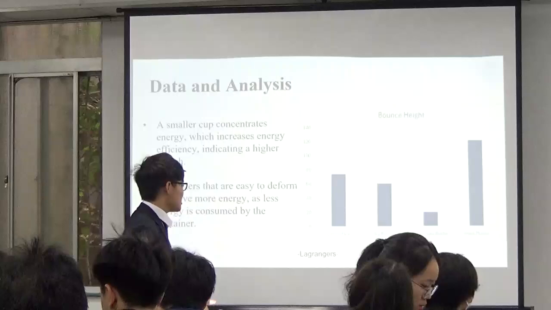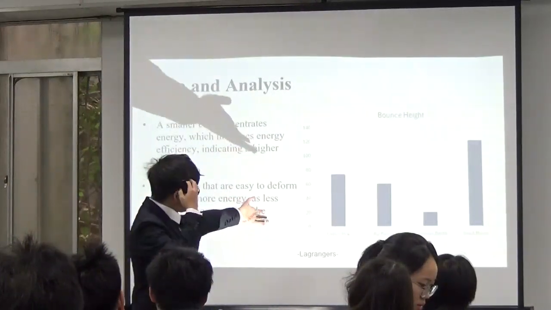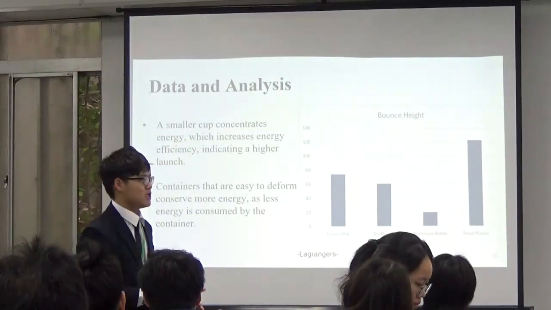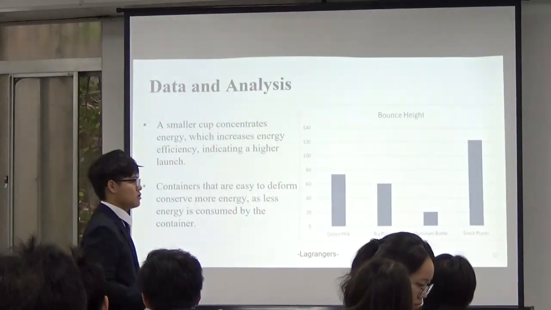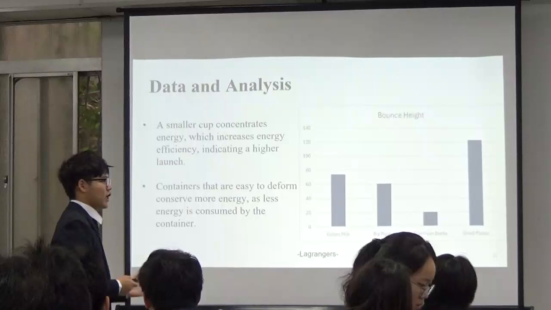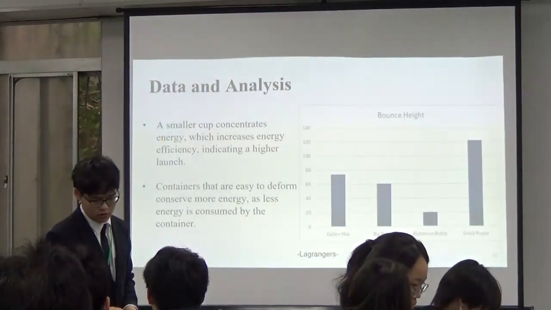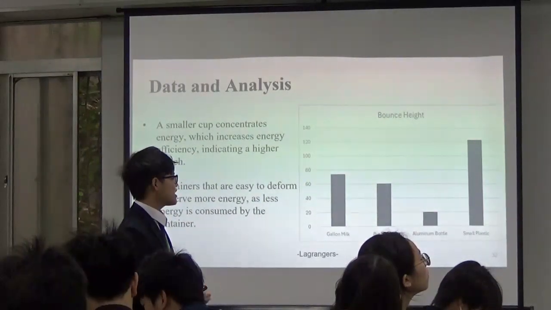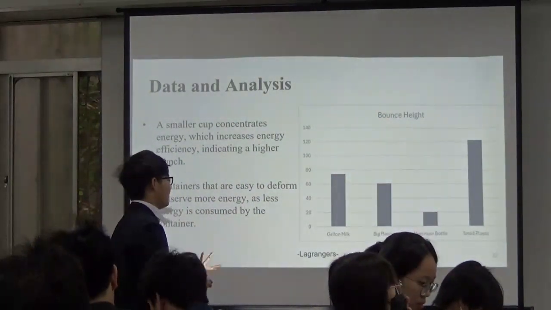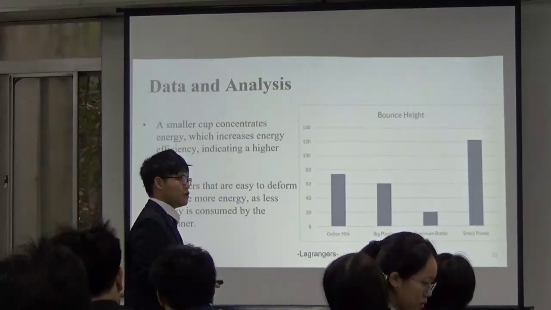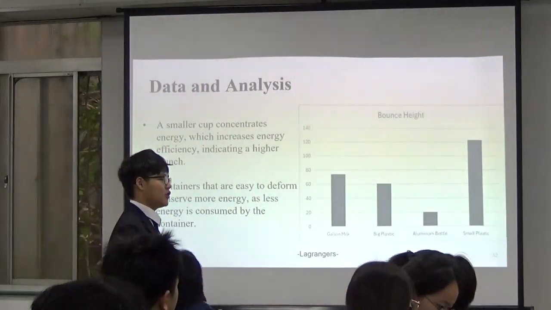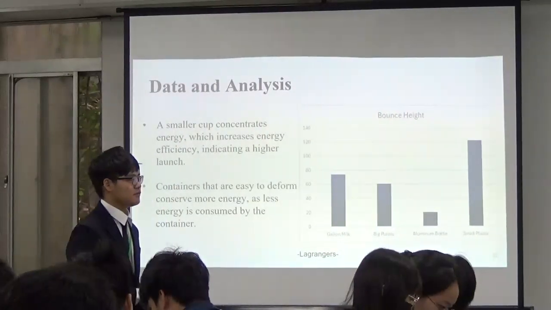Okay, the mass stays the same and the area is smaller. The energy gets more concentrated, meaning there will be less energy loss. So it will get bounced up to a greater height. Well, of course, this is a little bit uncertain because we only have 4 different models here. So in the future, maybe we can do more experiments to analyze the phenomenon. So that's about it.